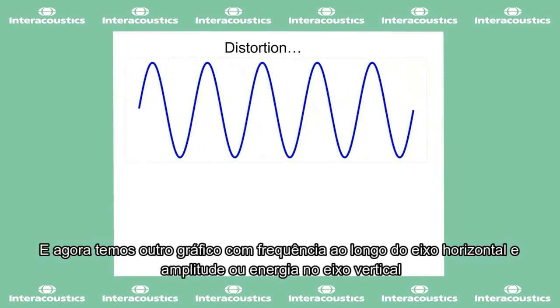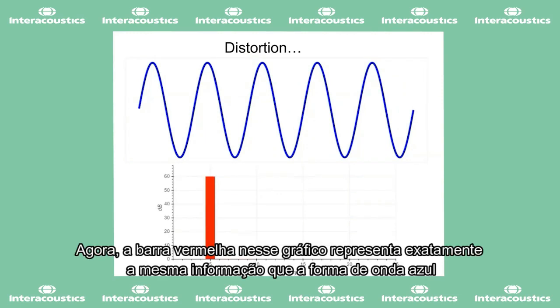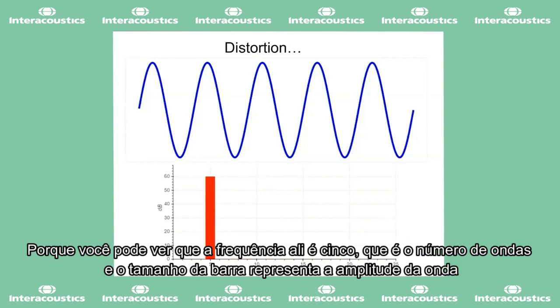So now we have another chart with frequency along the horizontal axis and amplitude or energy on the vertical axis. Now the red bar in that graph represents exactly the same information as the blue waveform, because you can see that the frequency there is 5, which is the number of waves, and the size of the bar represents the amplitude of the waveform.